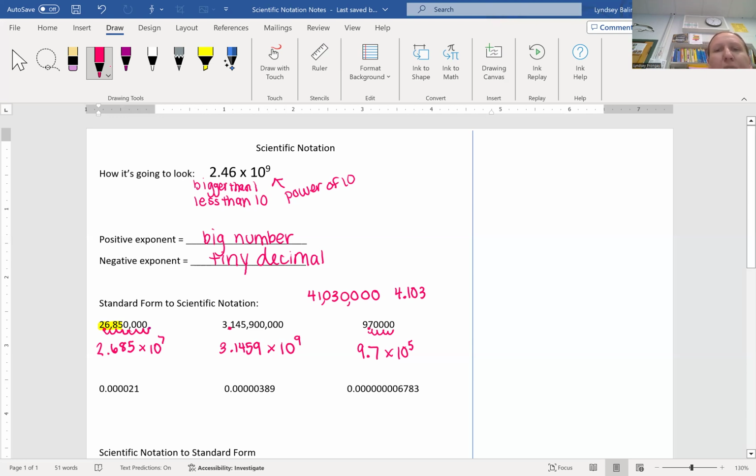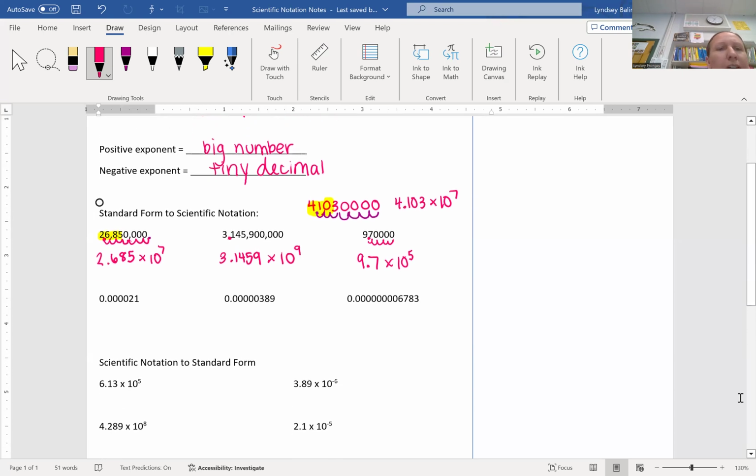So in this case, it's still going to be 4.103. Then I can get rid of all those zeros at the end. And if my decimal is here, it's 1, 2, 3, 4, 5, 6, 7. So 4.103 times 10 to the 7th. I'm not saying to stop when you immediately see a 0. It's when you see that string of zeros that you don't have to include those anymore.